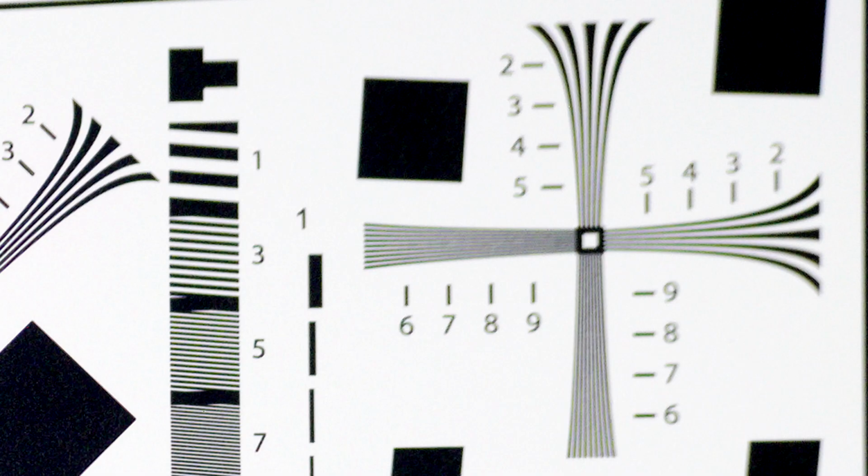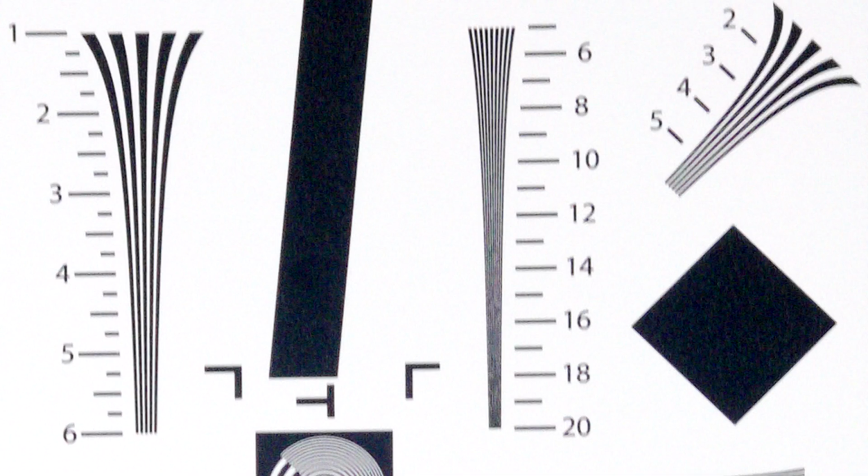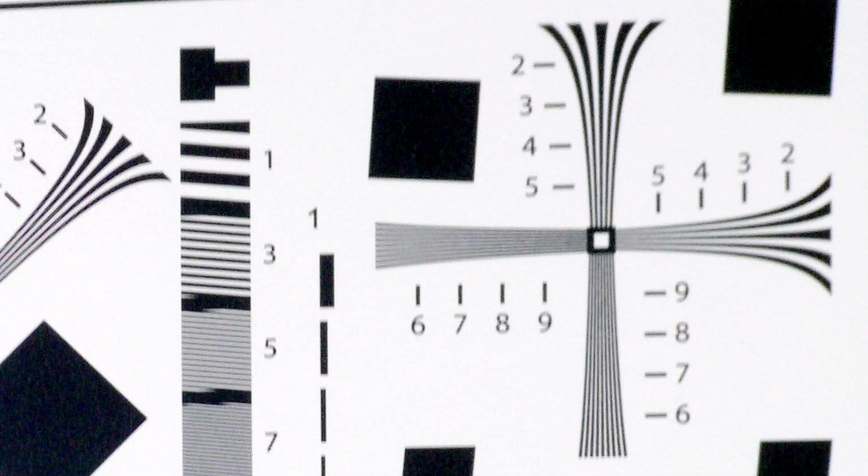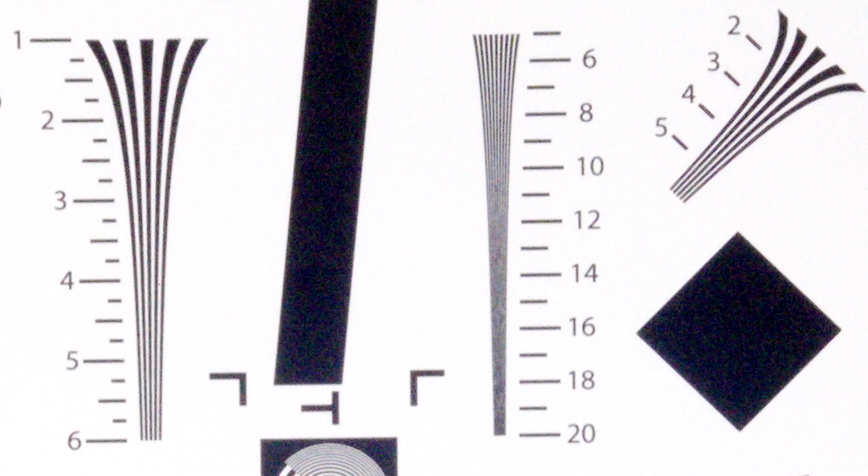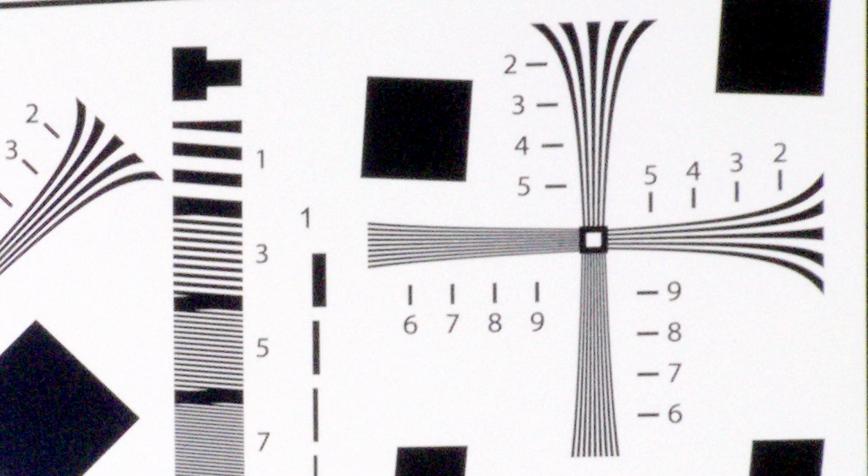And at the edge, gross, 300. Okay, so moving on to f8, I'm going to say around 1,000 lines at the center. And 350 at the edge. And at f16, we're down around 800 again at the center. Around 600 at the edge.